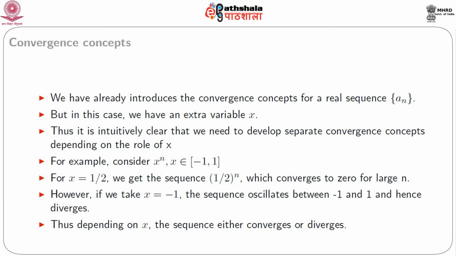Thus, it is intuitively clear that we need to develop separate convergence concepts depending on the role of x. For example, consider x to the power n, x belonging to minus 1 to plus 1. For x equal to half, we get the sequence half to the power n, which converges to 0 for large n. However, if we take x as minus 1, the sequence oscillates between minus 1 and plus 1 and hence diverges. Thus, depending on x, the sequence either converges or diverges.